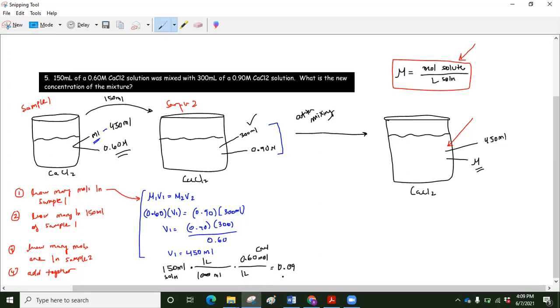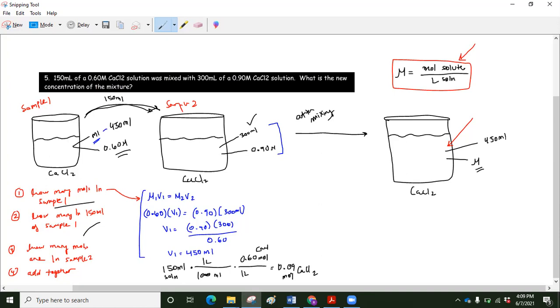Right, 0.09 moles. So we really didn't have to figure out how many moles were in sample 1. We went straight to how many moles are in 150 milliliters of sample 1, because we were able to situate a conversion factor that was convenient for us. So if we take 150 milliliters of sample 1 and mix it with sample 2, we're essentially just adding 0.09 moles of calcium chloride.